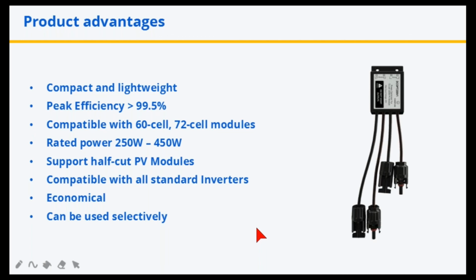They can also be used with half-cut modules. The MPPT algorithm used in Powerture's DCOs is completely transparent to the string inverter, so they can work with all standard string inverters, and they are far more economical than other DCOs, and it is possible to use them selectively only for those modules which are affected by shade.